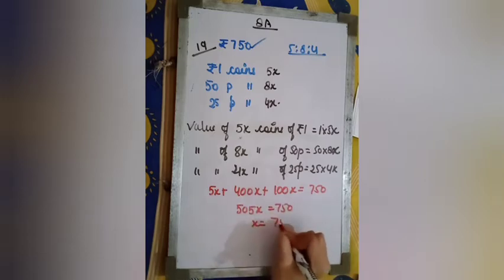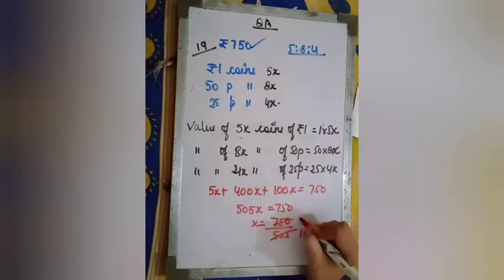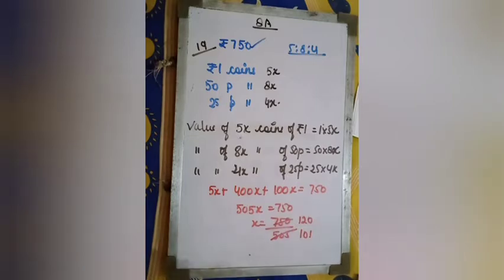From here you can find the value of x, right? 5 ones are 5, 5 ones are 5, 5 twos are 10, 0. So from here the value will come.